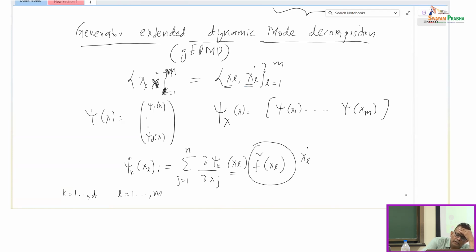So that is how I define psi k dot. This is the definition. You see, all the quantities on the right hand side I have information about.